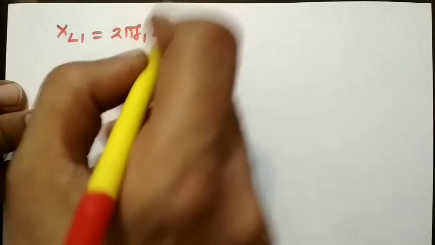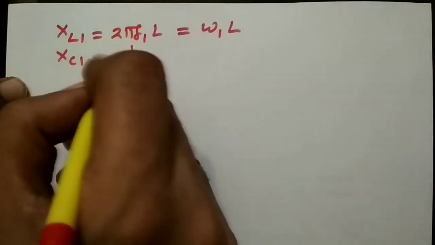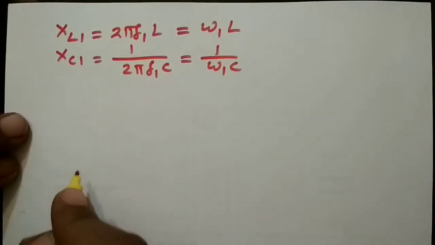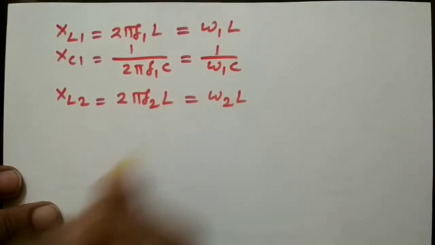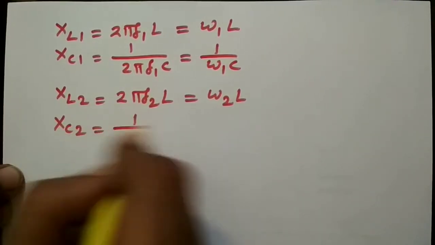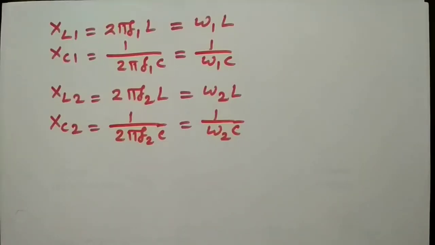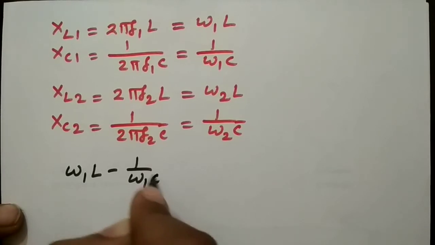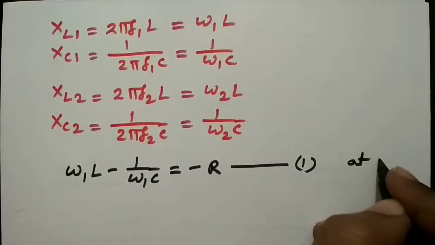Now, XL1 can be written as 2 pi F1 L, or omega 1 L. XC1 can be written as 1 upon 2 pi F1 C, or 1 upon omega 1 C. Similarly, XL2 is 2 pi F2 L or omega 2 L, and XC2 is equal to 1 upon 2 pi F2 C, or 1 upon omega 2 C. Therefore, omega 1 L minus 1 upon omega 1 C is equal to minus R. Let's say this is equation number 1, at F1 frequency.